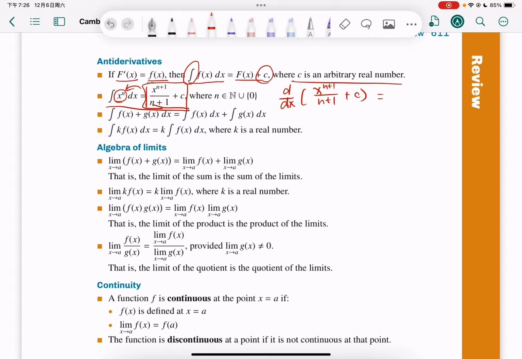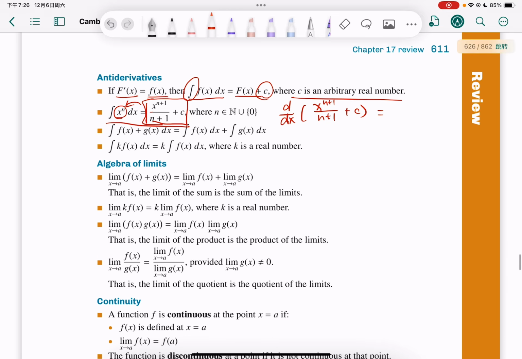And above we said if we have 2 functions, then the diff of them should be the diff of each, then sum. So let's diff this one first. How do we want to diff it? We take the n plus 1 down, so we have this one, and then times x to the power of n plus 1, then minus 1.